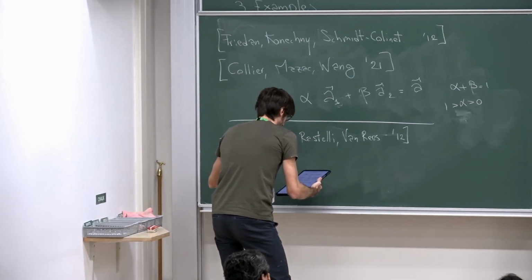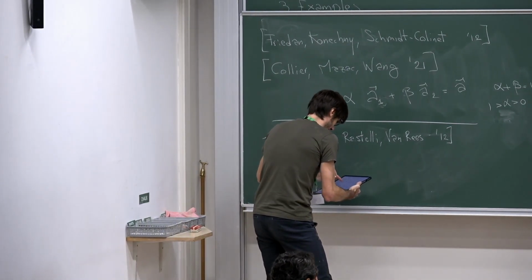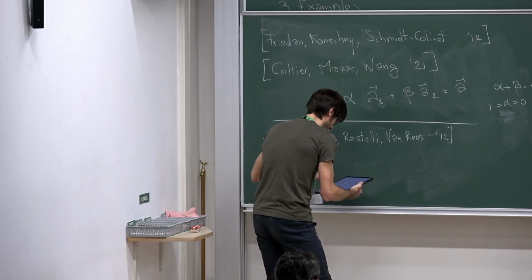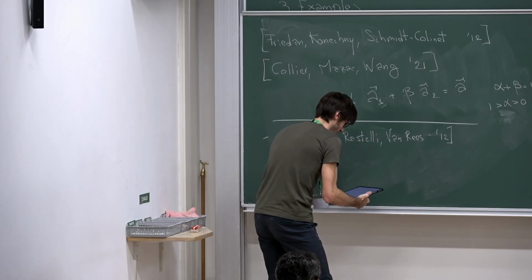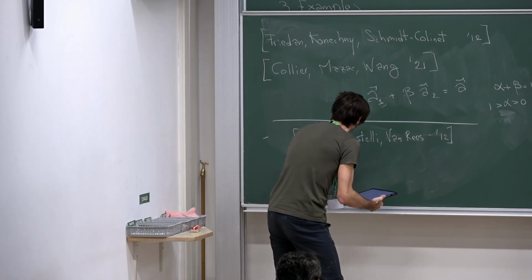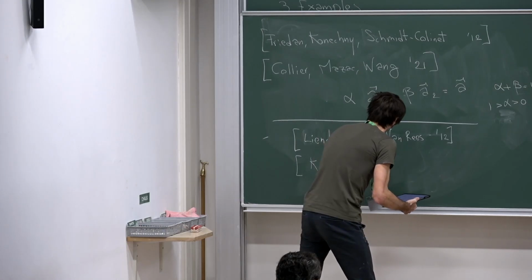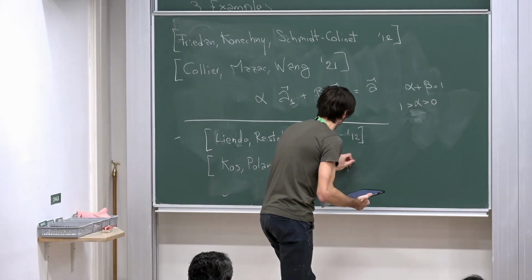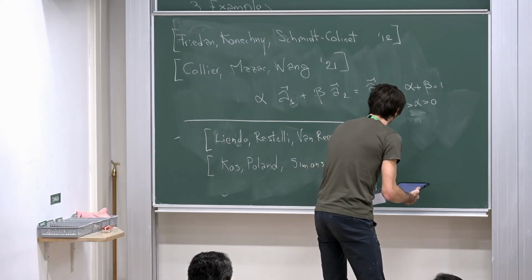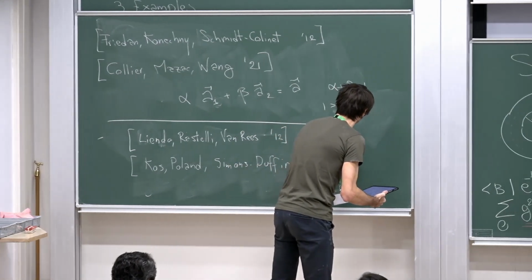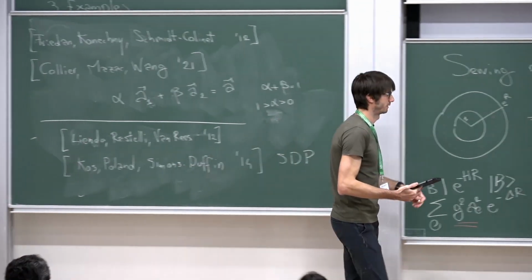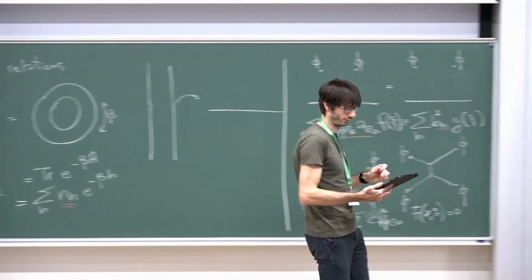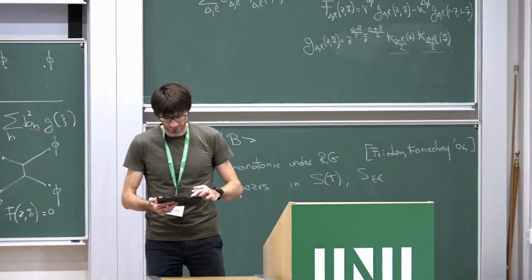And then the correct reference here for semi-definite programs is David Koss, Poland, and David Simon Staffin, in 2014, who taught us this technology of putting together various crossing equations to get something positive.